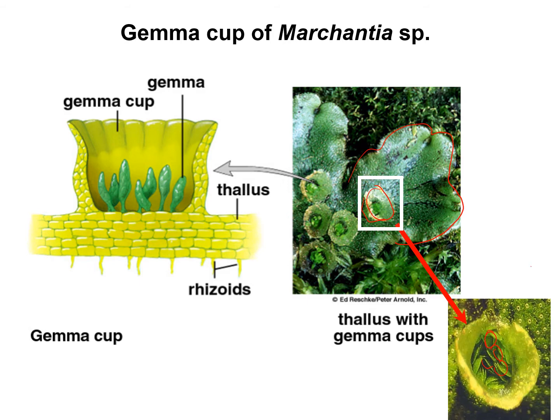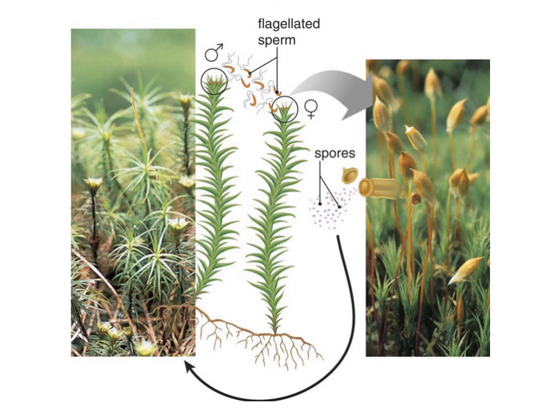So as if when the rain drops, as if we are pouring water into a cup, and then the water splash carrying the gemma along with the splash. Same with the Polytrichum.